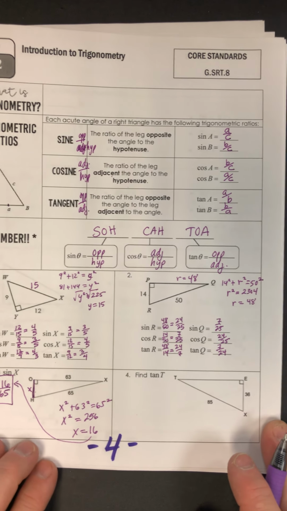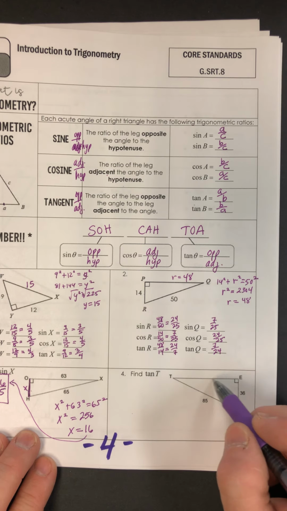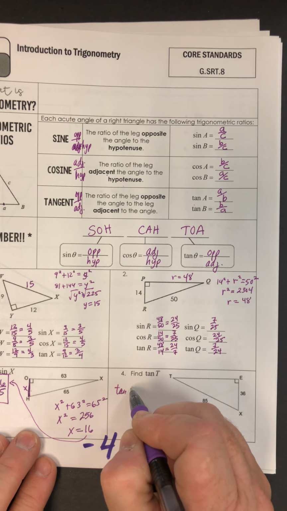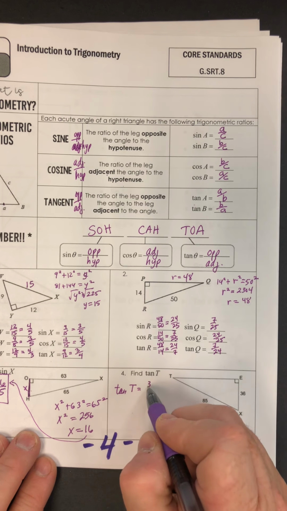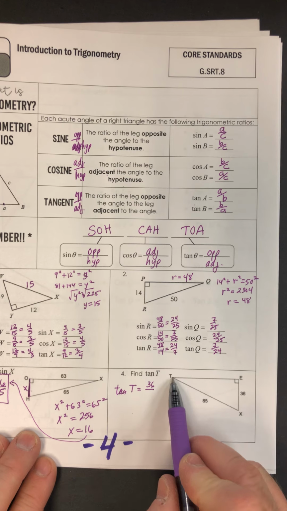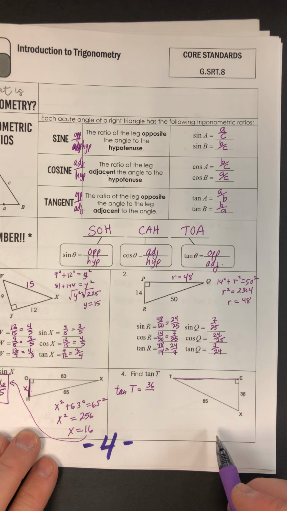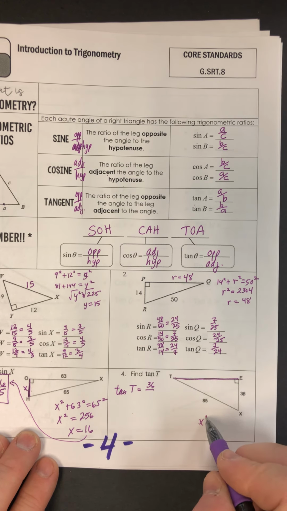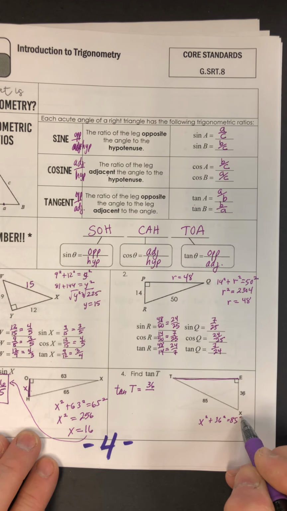Okay? Tangent of t. Well, from t, I'm going to need this side over here. So tangent of t equals the side opposite, which is 36, over adjacent, which we don't know. So we're going to have to find that, this side right here. We're going to have to use the Pythagorean theorem again. This side right here we don't know, we'll call it x squared plus 36 squared equals 85 squared.